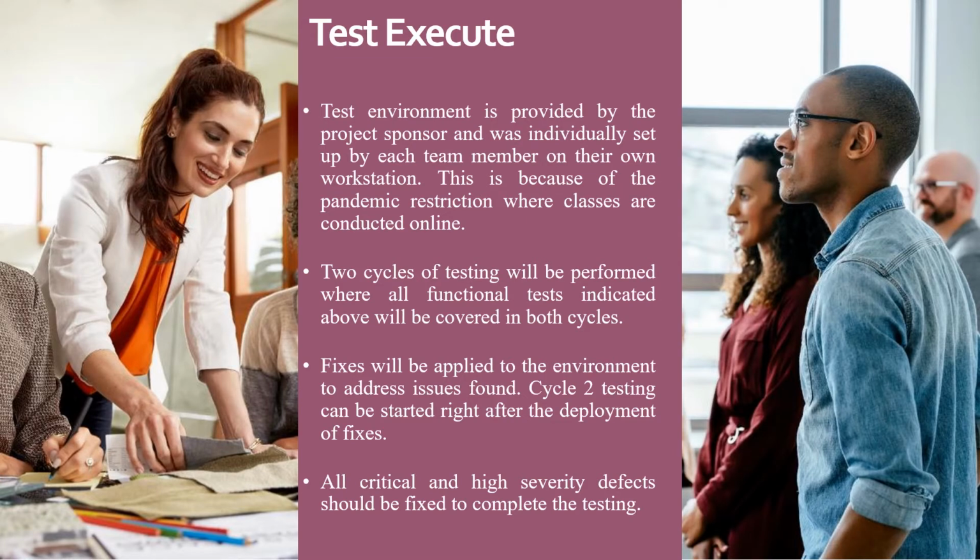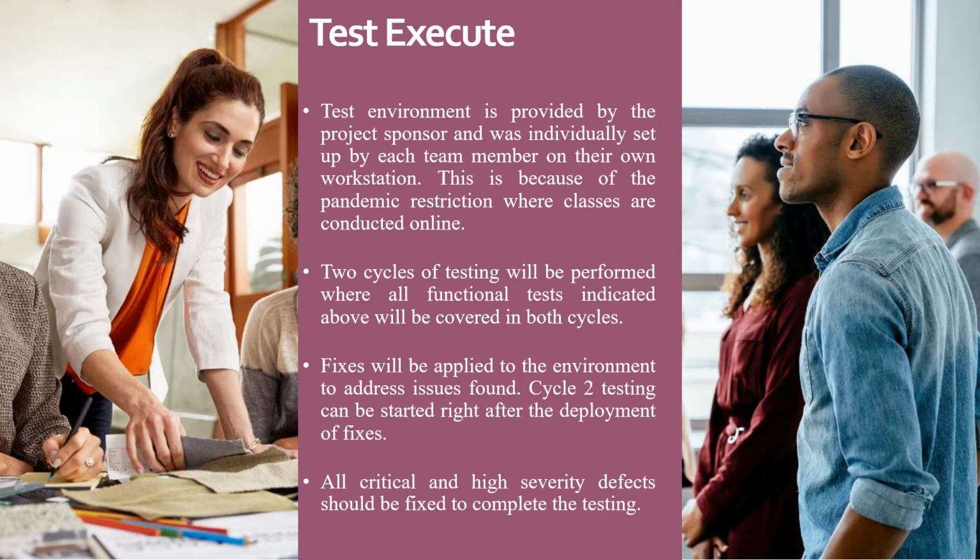For the test execution, the test environment is provided by the project sponsor and was individually set up by each team member on their workstation. Two-cycle testing will be performed where all the functional tests indicated above will be covered in both cycles. Unplanned test cases for execution will be executed in the first cycle.